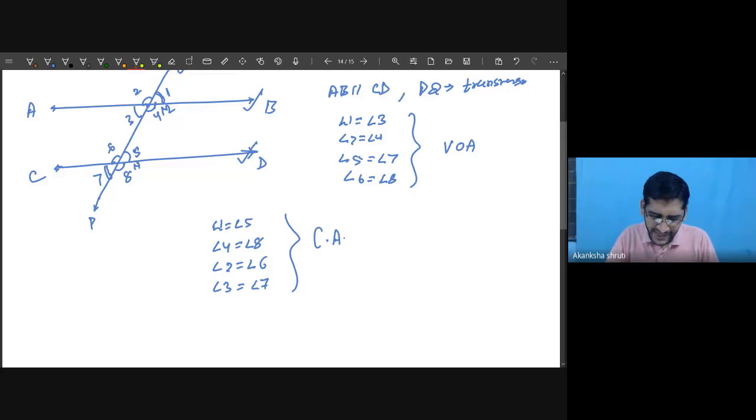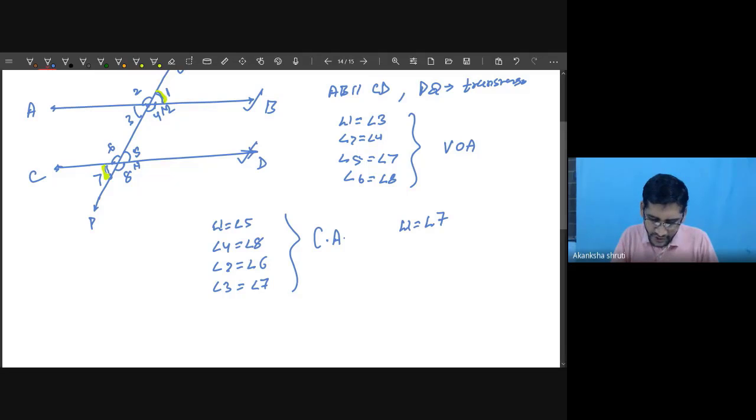Even if we consider angle 1 and angle 7, these two will be equal. Why? If we put one over the other, then we get corresponding and vertically opposite angles. So angle 1 will be equal to angle 7.